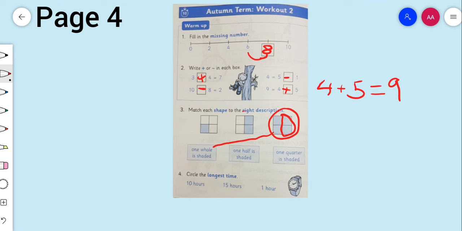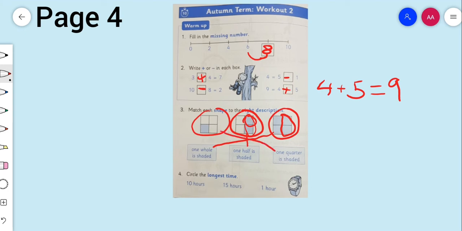Yes, it's this one. So this will match here. And 1/4 is shaded. 1/4 is like the half of the half. Like this is the half. Then we do the half of the half, which is one of this. So yeah, you're right. It's this one. So that will match into there.